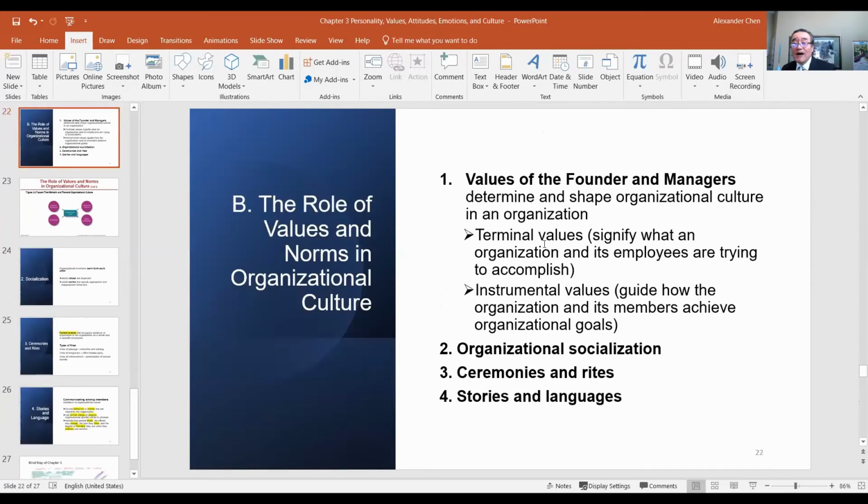The founder and the top manager. The book says value of the founder; I also add the top manager or managers. A typical situation, so many examples. IKEA. The founder was very frugal. He passed away a couple of years ago. So what happened?